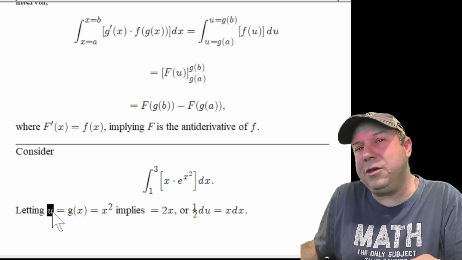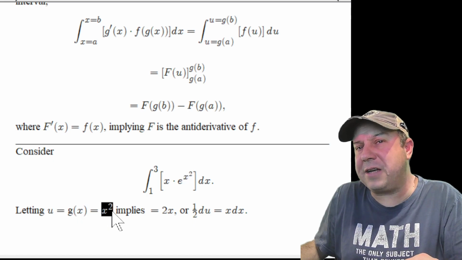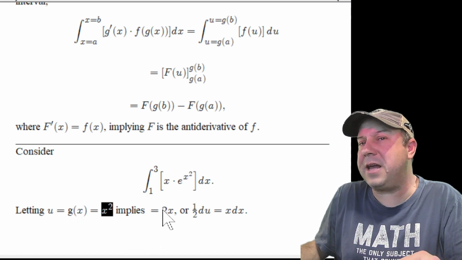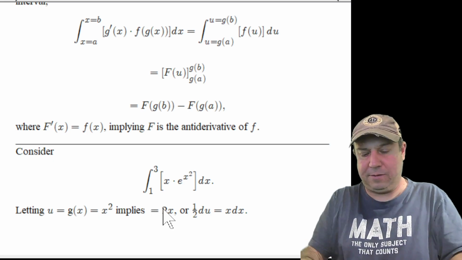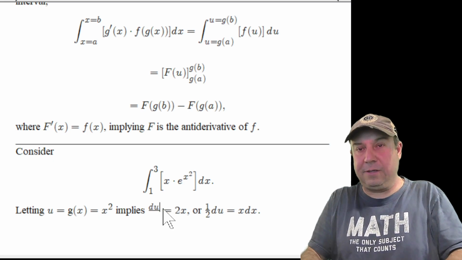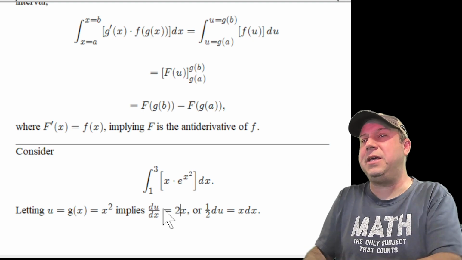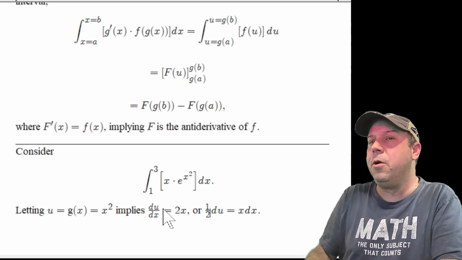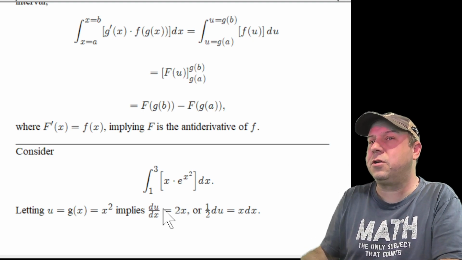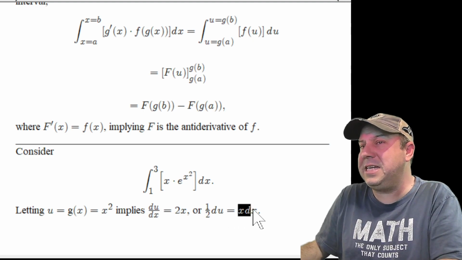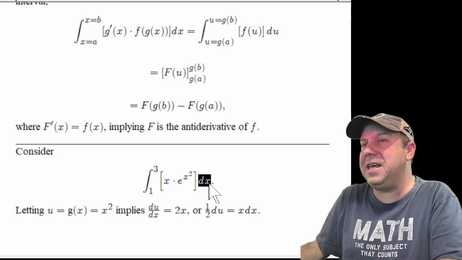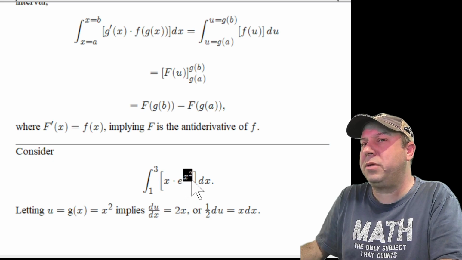And if I let u, that function g of x, be the function x squared, that is going to imply du dx is going to be equal to 2x, or 1/2 du is going to replace the value of x dx. This x dx will get replaced with 1/2 du, and the x squared in e to the x squared will get replaced with u.